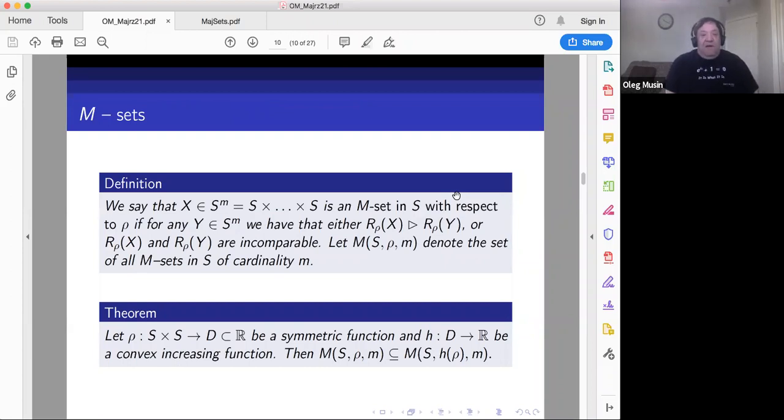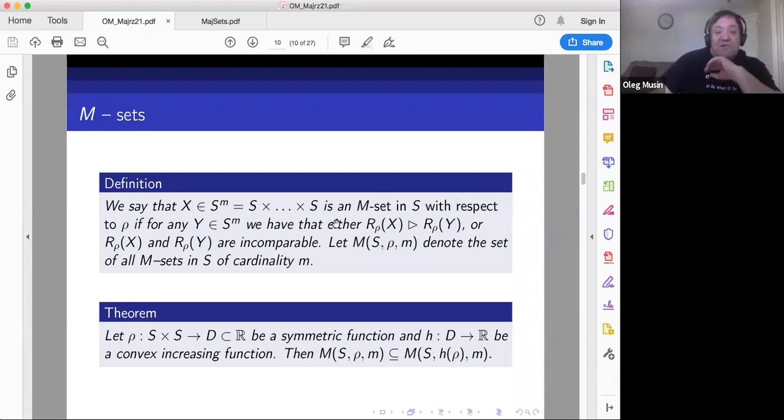Now I can define some notation. Actually, not so many definitions in my talk. Let us consider an M set. What does M set mean? We consider all m-point sets, denoted by S to the m.